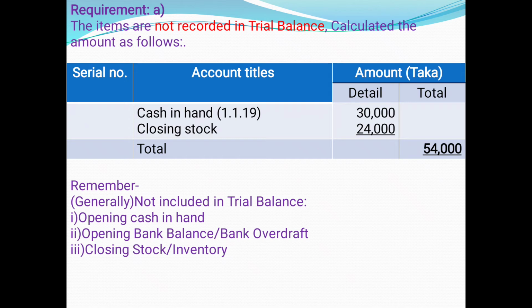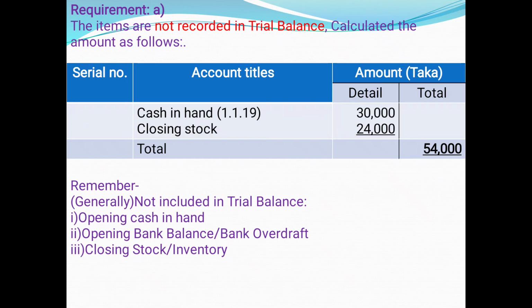Calculate the amount as follows. The format is given. First column is serial number, if any. Accounts title, second column. Third column, amount taka detail. Fourth column, amount taka total.